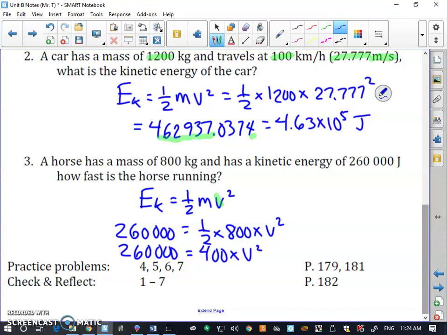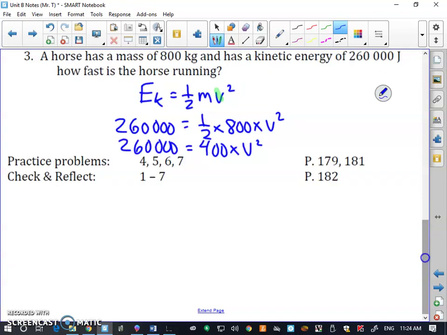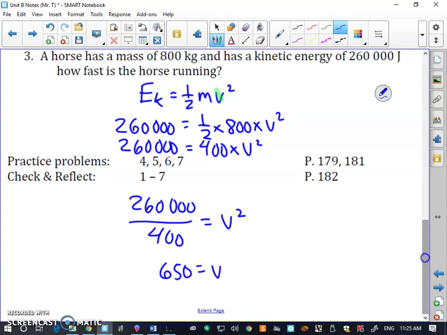Divide both sides by 400. Just going to come down a little bit below here. And so 260,000 divided by 400 is 650, but that's equal to v squared. So we need to isolate v.